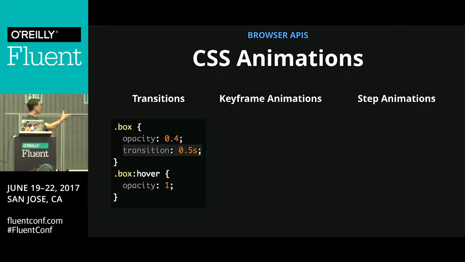Now, when we throw in the transition property, that says, hey, I'm going to add a timing element to this. So as soon as you hover, the opacity doesn't shift immediately. I want to put a 5-second fade from this first opacity to the other opacity. So the computer says, okay, I'm going to bring you from one state to the other state, and I'm going to fill in all the states in between.